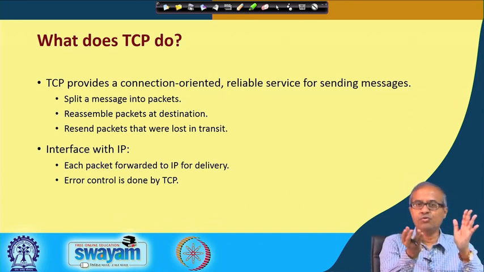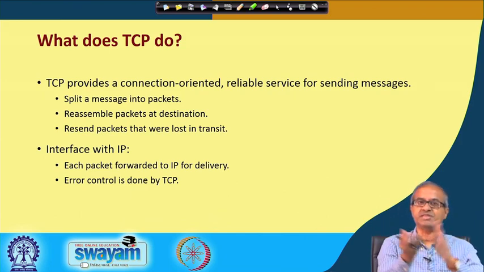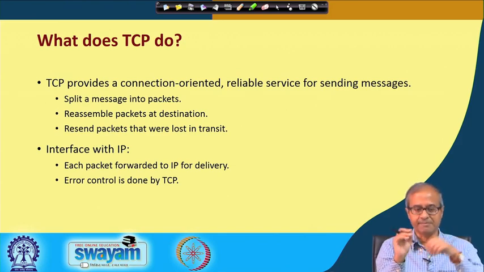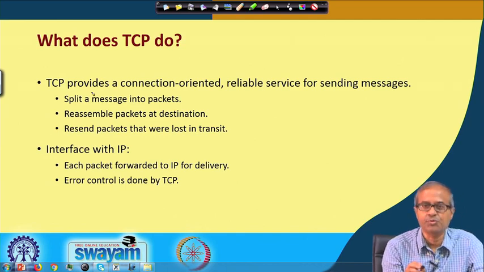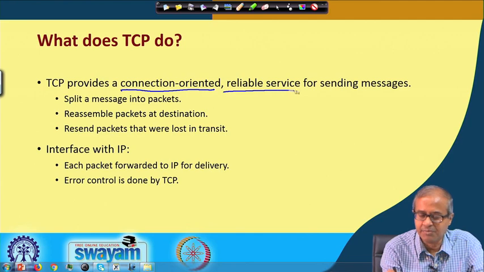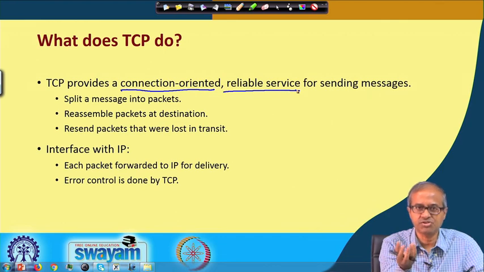So, the sender will know whether it was received correctly or not. If it was not received correctly, the data will be transmitted again, so that some kind of reliability is maintained. Essentially, TCP tries to provide a connection-oriented reliable service. Reliable in this context means that if some packet gets lost, it will get retransmitted.